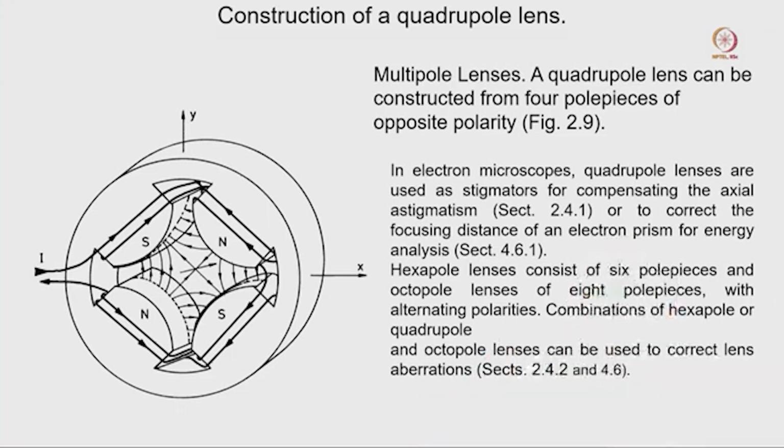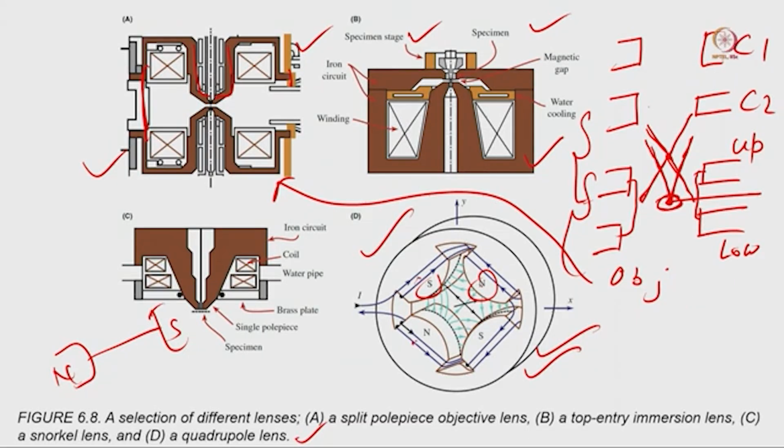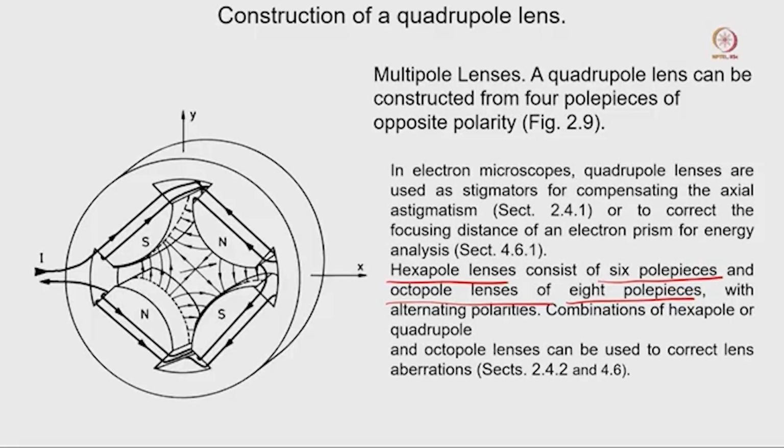Also there are some other lens systems, the hexapole lens system, where 6 pole pieces are connected, or the octapole lens system, where 8 pole pieces are connected. Pole pieces means like this, north and south. Here it is a quadrupole lens system, that is the reason 4 north and south pole pieces are connected, whereas in the hexapole and octapole lens systems 6 or 8 pole pieces are connected, in alternating polarities, not the same polarities, like your quadrupole lens system.